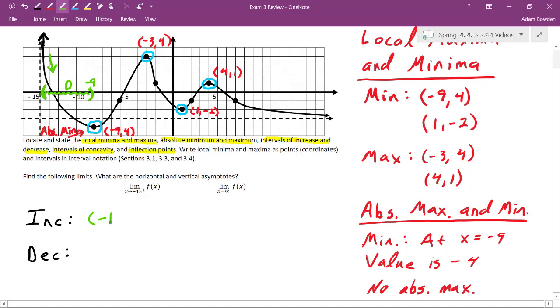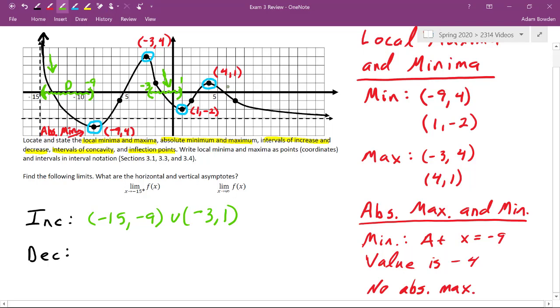So we'll write that down here, (-15, -9) is the first interval. And then we also see it decreasing on this side. That's going to be between -3 all the way to here at 1. So another interval would be (-3, 1).